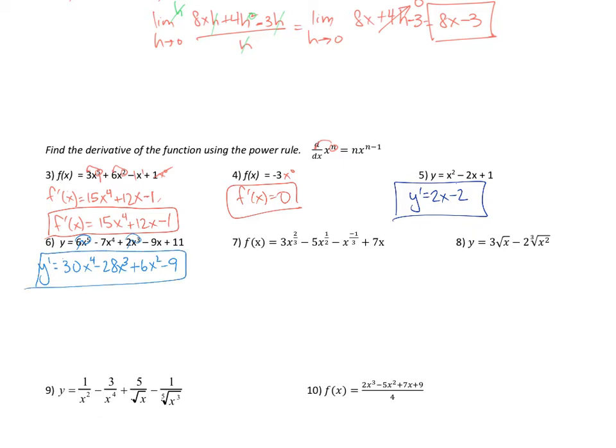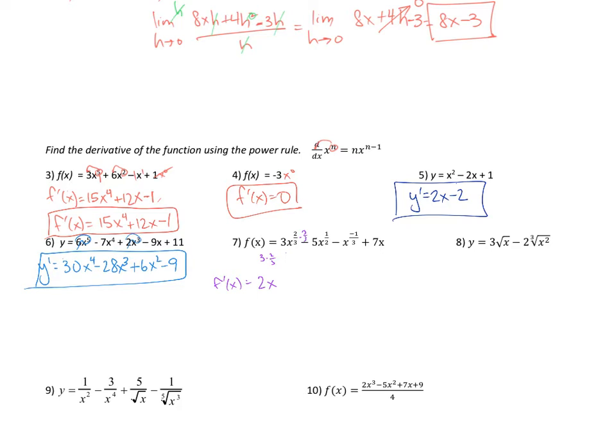All right, next one. Well, it doesn't change just because I have fractional powers. The process still remains the same, and we're just going to follow that same process. So over here, I'm going to multiply 3 times the 2/3, and then break that down a power. So f prime of x is going to be 2x. Now, I subtract 1, so I'm going to subtract 3 over 3. That's the same thing as subtracting 1, right?